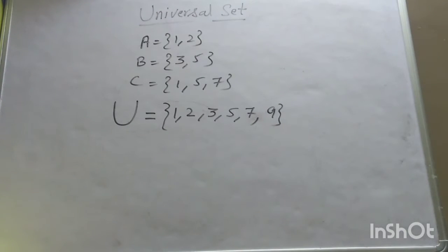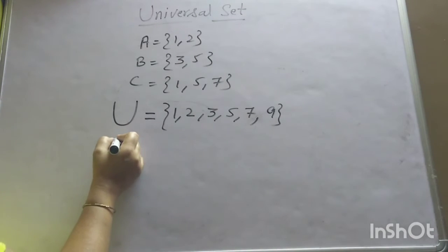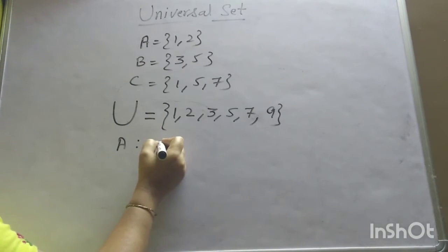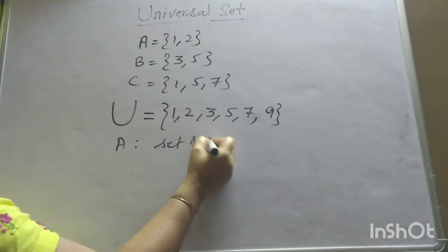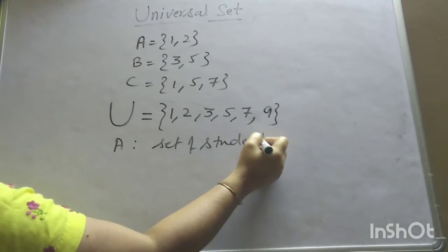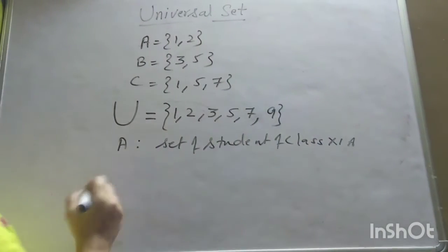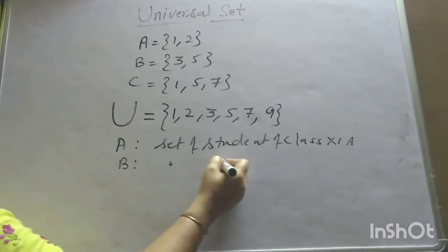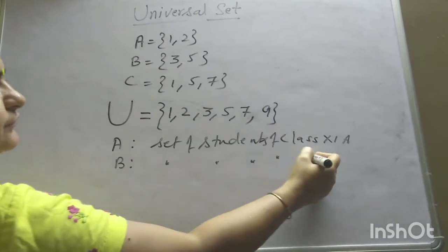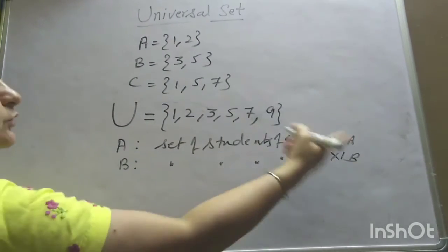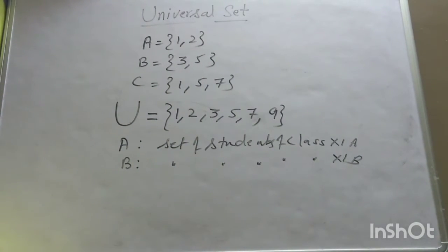Let's take one more example. Set A is the set of students of class 11th A. Set B is set of students of class 11th B. Now what will be the universal set of these two sets?